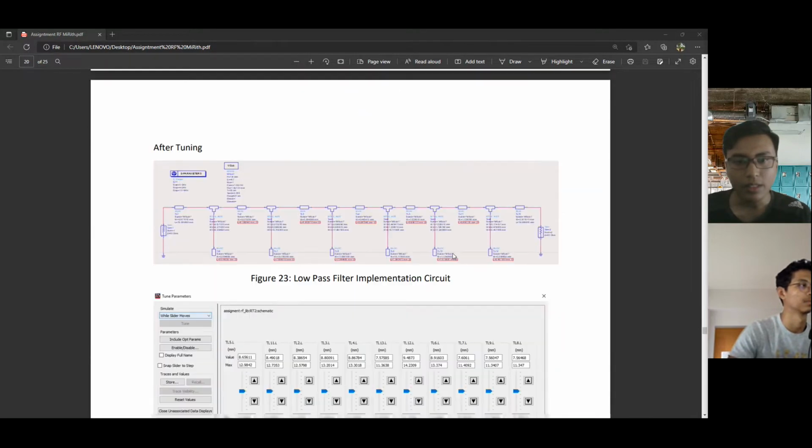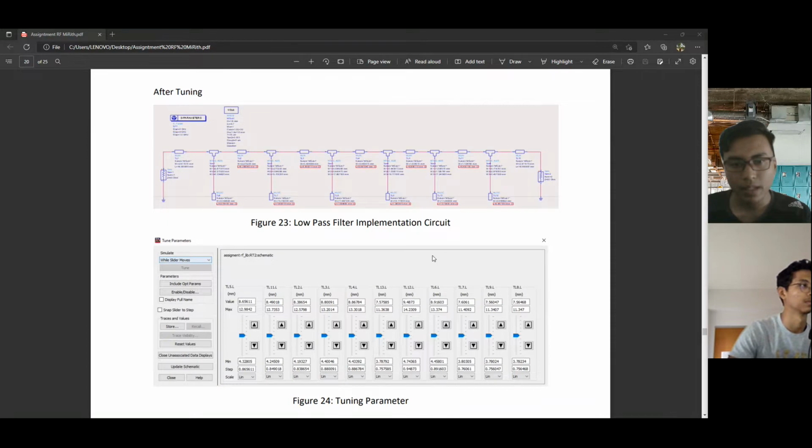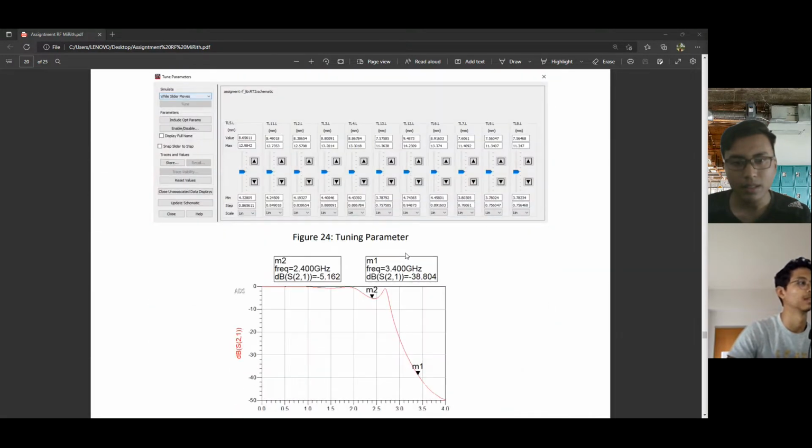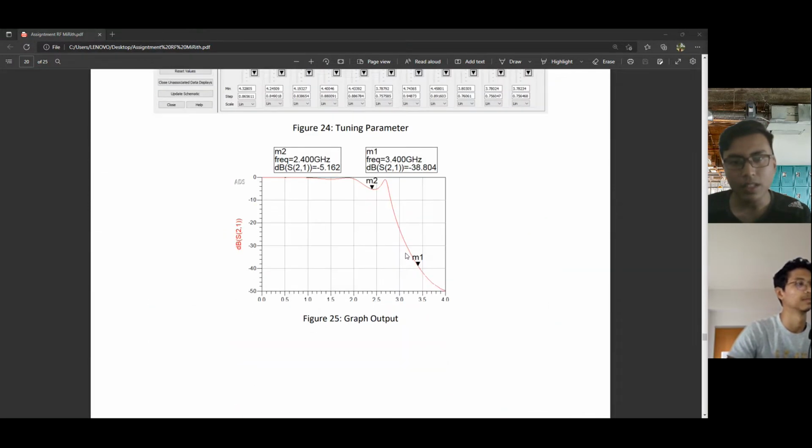And then after we are tuning, we get the result. So first with M2 equal to 2.4 gigahertz cutoff, but actually we don't get 3 dB, we get 5. And M1 equal to 3.4 gigahertz, but actually we don't get 35, but it's almost near.